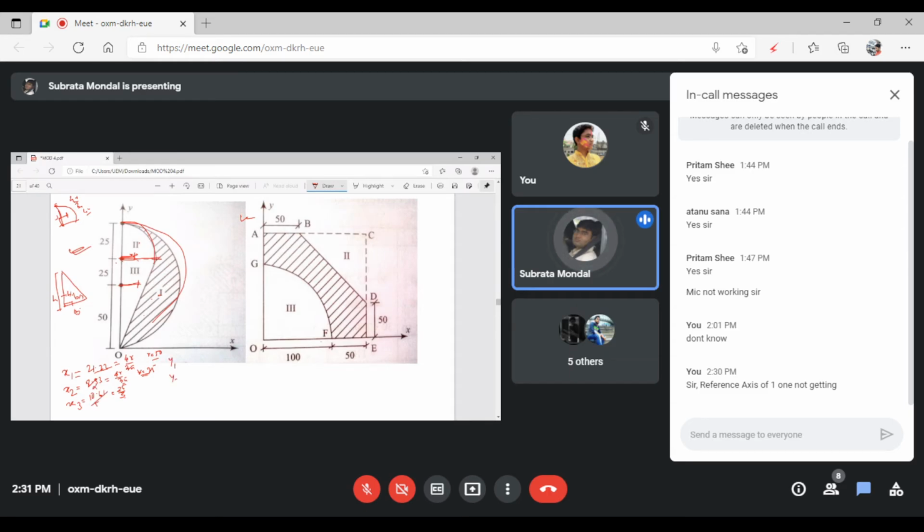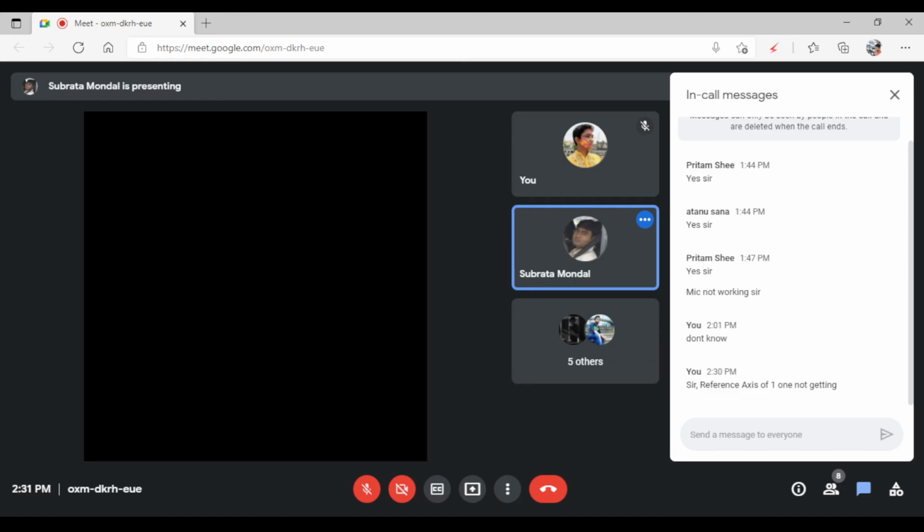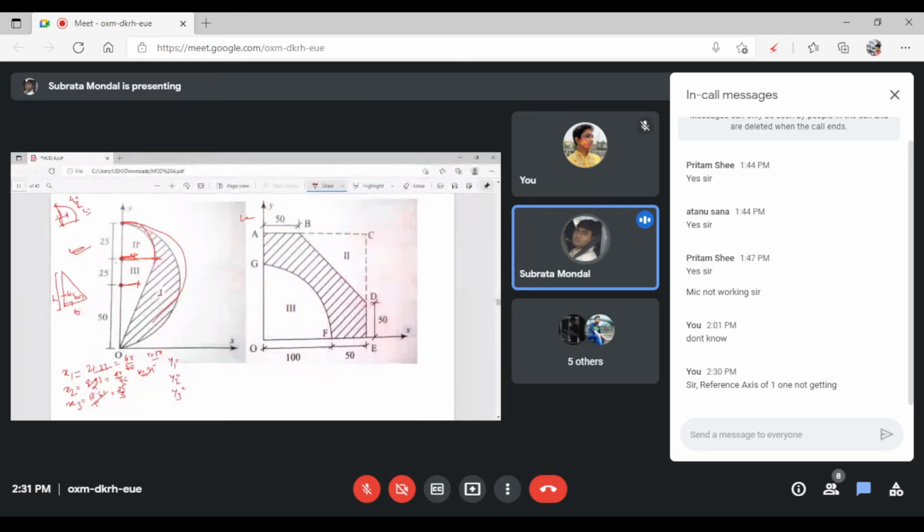Now tell me, what will y1, y2 and y3 be? Shubhadip can tell. y1 is very simple, so y1 is 100 by 2, very nice, 50. For y2, you have to consider from this point first.